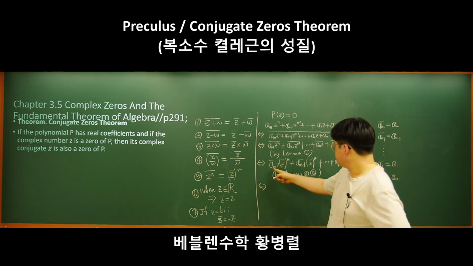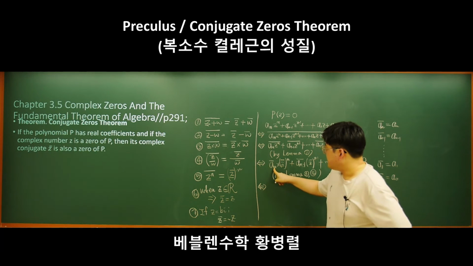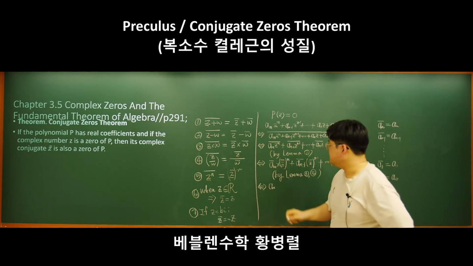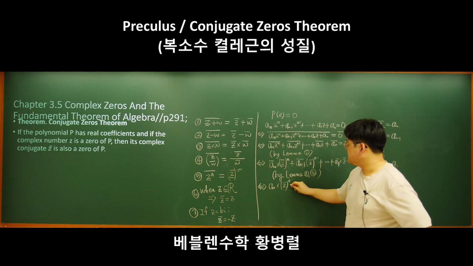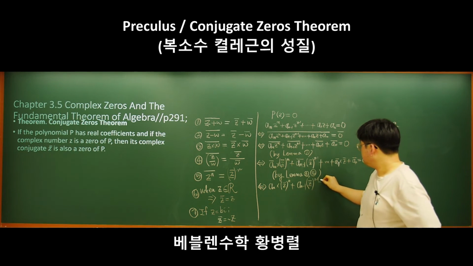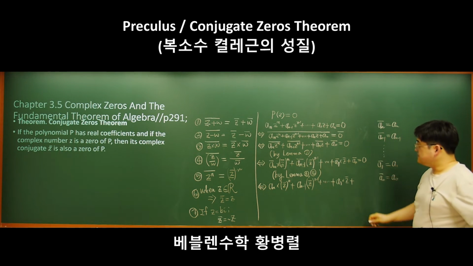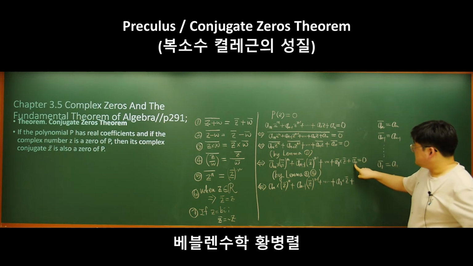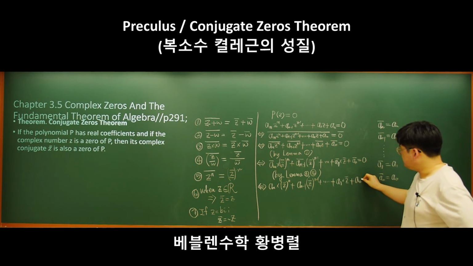Then this statement can be written as a n, just a n, and the bar can be omitted, times bar of z to the n plus a n minus 1 times the n minus 1 power of bar z, and so on, plus a 1 times bar of z plus a 0, because a 0 is a real number, then this constant term can be written as a 0, equal to 0.